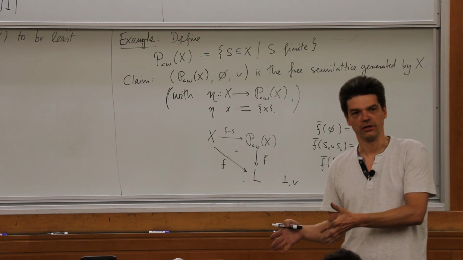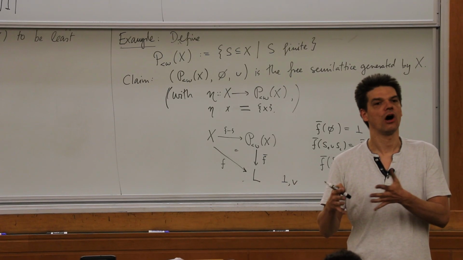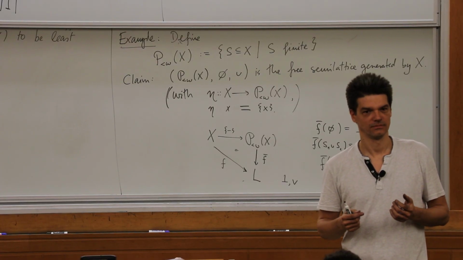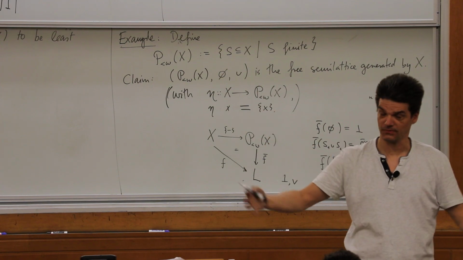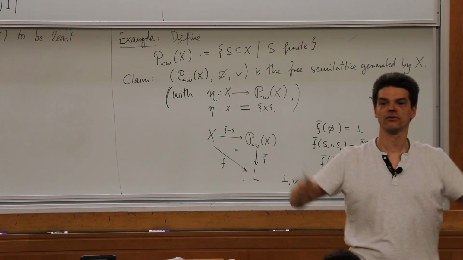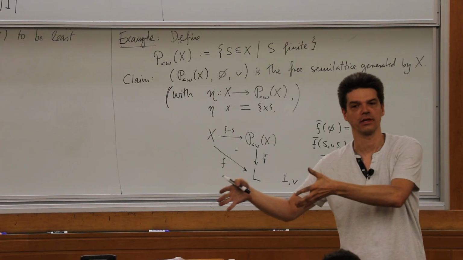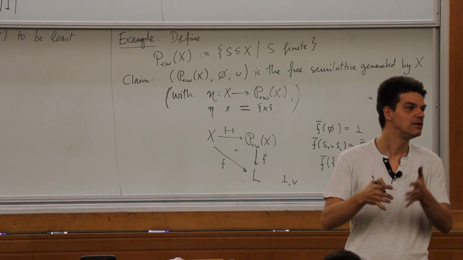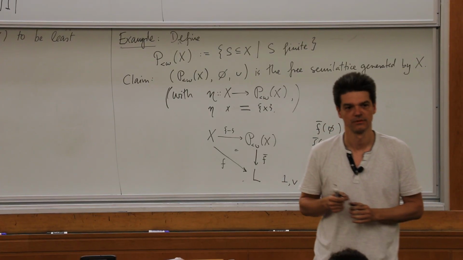A congruence is an equivalence relation which commutes with operations, right? If there are some operations flying around, then you call an equivalence relation a congruence if it's an equivalence relation, and in addition, it behaves nicely with respect to the operations.